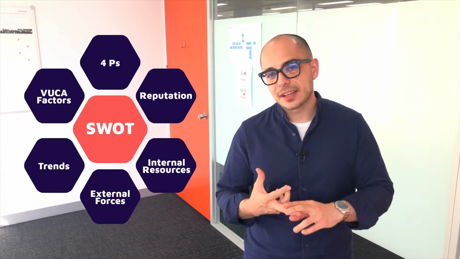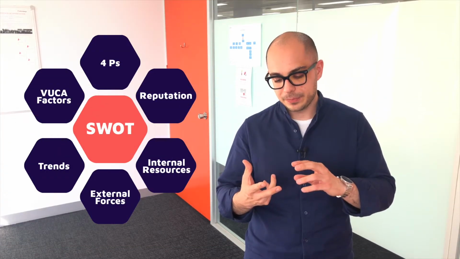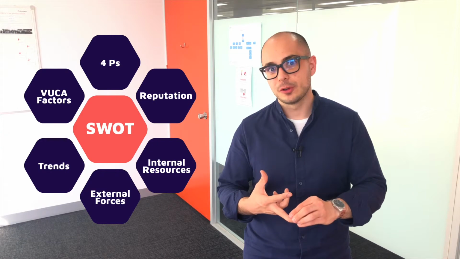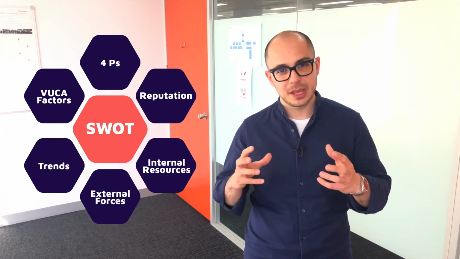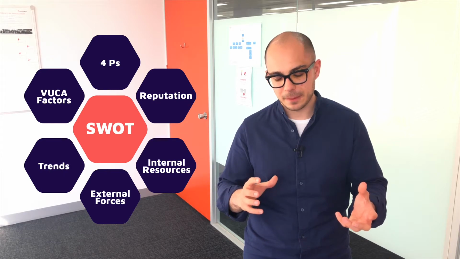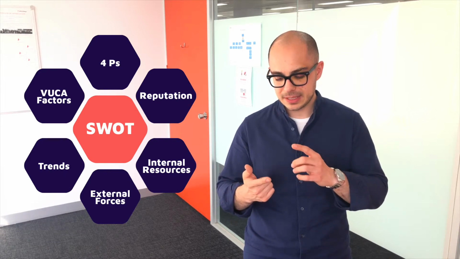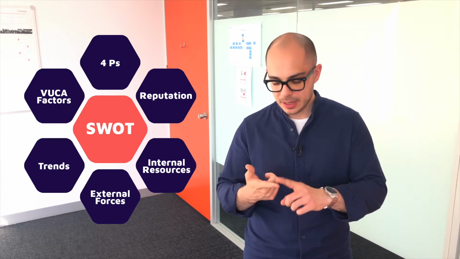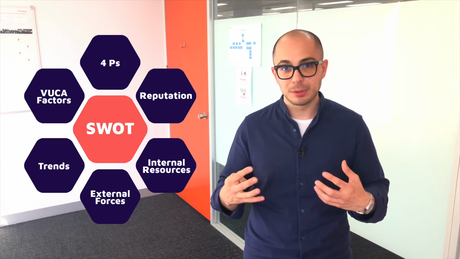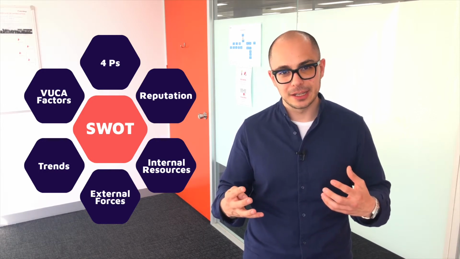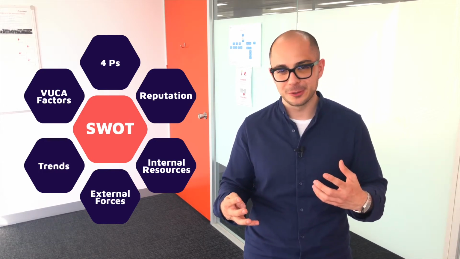Now, the 6th factor of the SWOT analysis is VUCA factors. VUCA, if I'm not mistaken, comes from a US military background, and it stands for volatility, uncertainty, complexity, and ambiguity. Now, this is very similar to the black swan concept of Nicholas Taleb, if you're into economics and you like that kind of stuff.